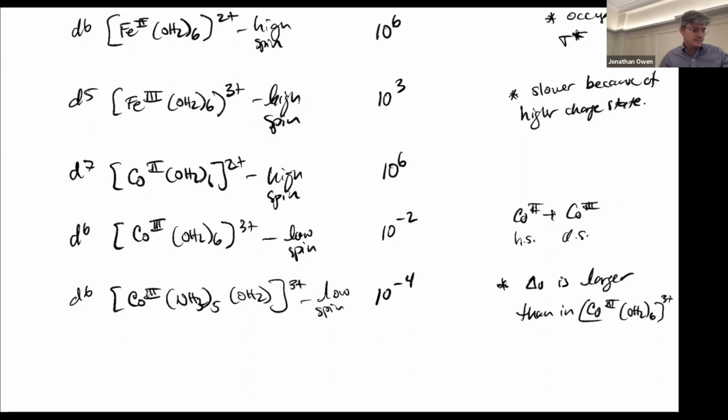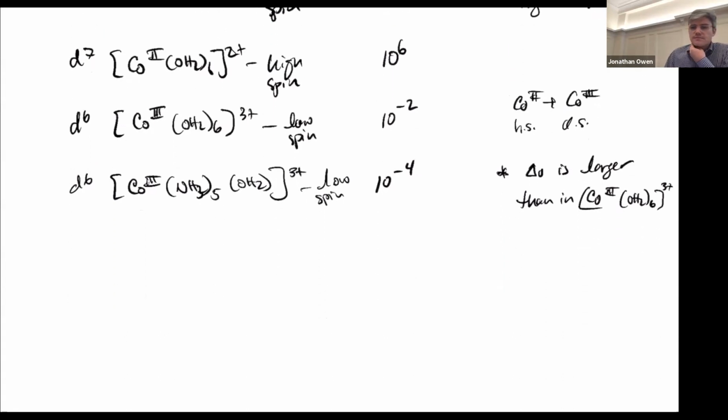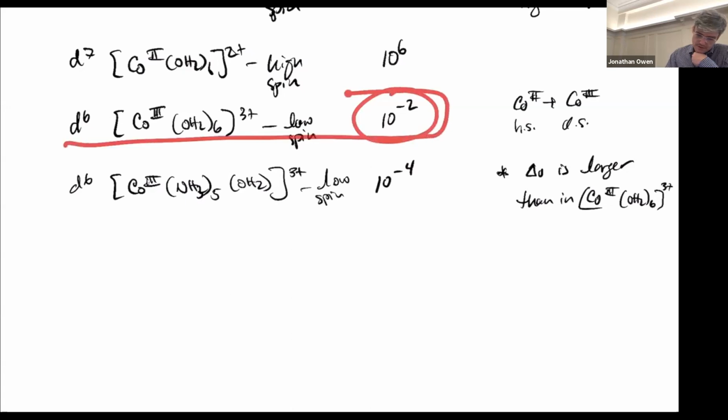Cobalt 3+ ion. Now, I'm going to tell you, I don't think that this is well understood. It turns out this number is not very well understood. This is actually much faster than it should be.